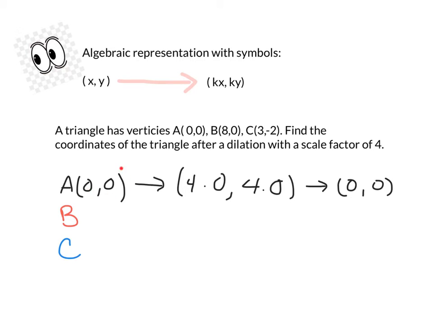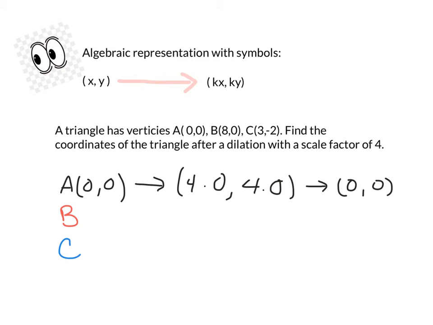So again, our initial point is (0, 0). Using my algebraic rule, I'm going to take my scale factor, my k, or my 4, and I'm going to multiply it by both my x and my y. So in this case, it's really simple because 4 times 0 is 0. 4 times 0 is 0.